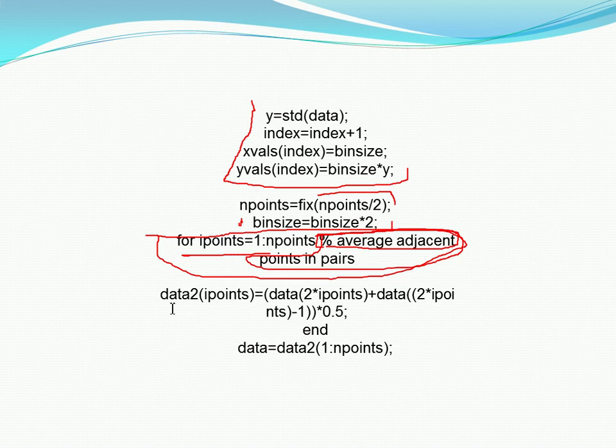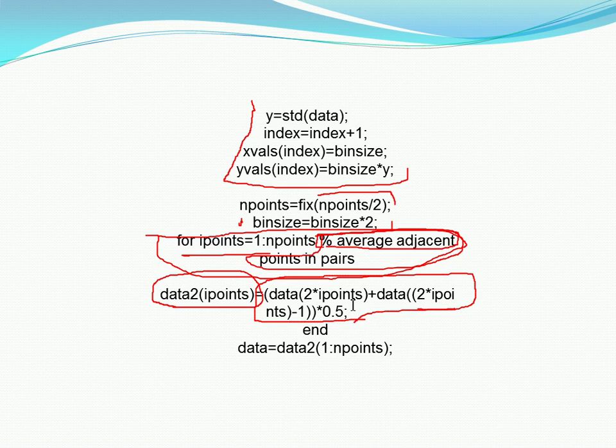And then here comes data to a point. So if I was doing this in Java, I'd make this an array. Okay, that's fine. And then I can sort of see 2 times i points minus 1. This is kind of what he's talking about, the averaging of the adjacent points. So what he's doing here is he's just sort of averaging 2 points.